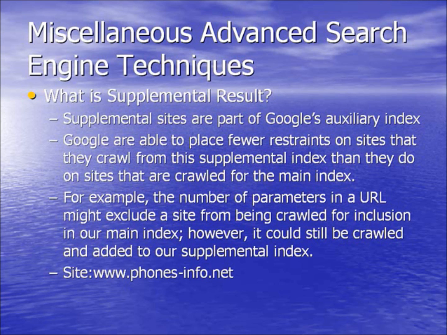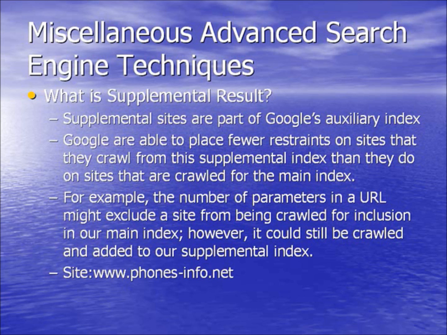There are a number of parameters in a URL which might exclude a website from being crawled for inclusion in the main index. However, it could still be crawled and added to the supplemental index.